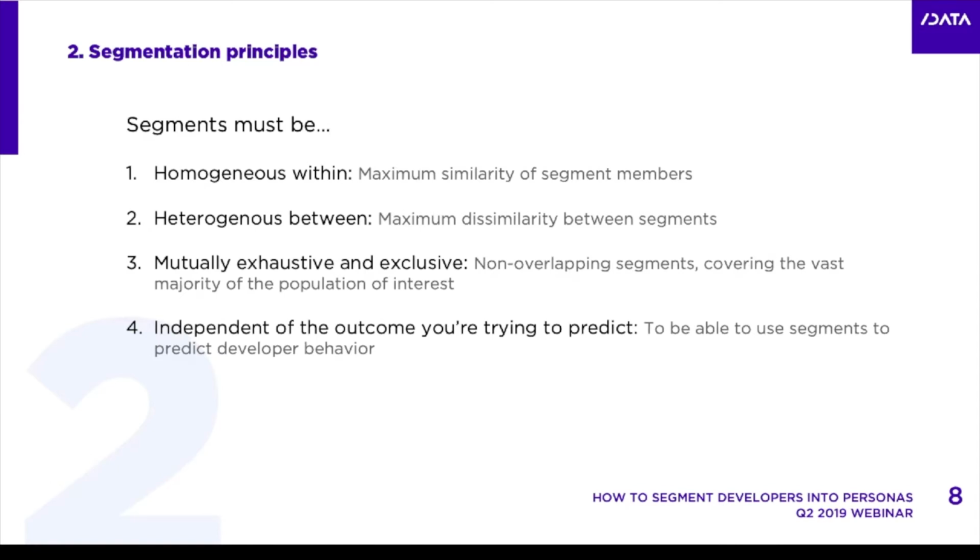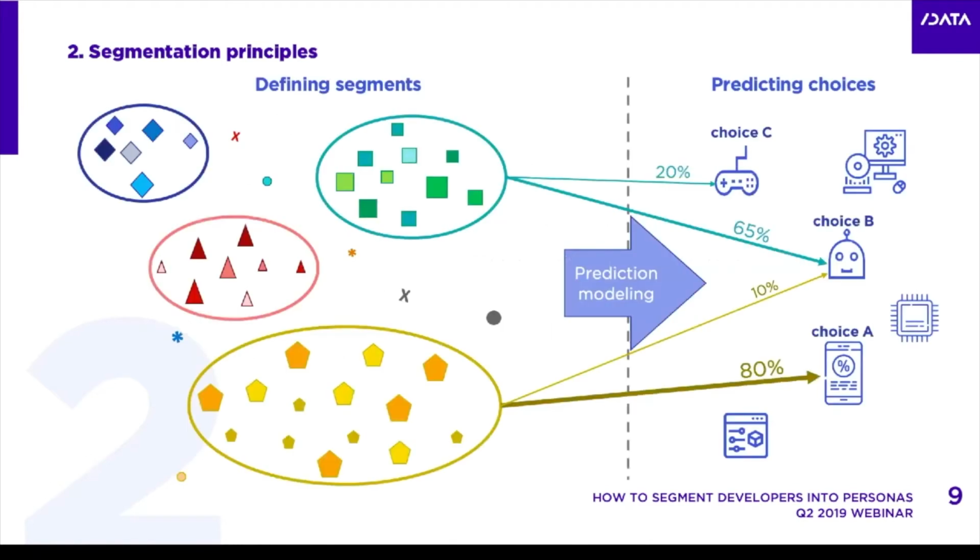Okay, and with that, let's visualize that a bit to make sure you all follow what we're trying to do and why. So say that in a very, very simplistic universe out there, we somehow found that the best way to segment our audience is based on shape and color.